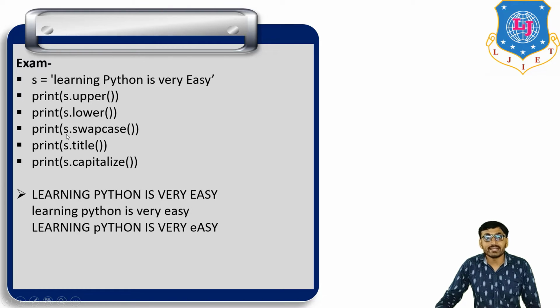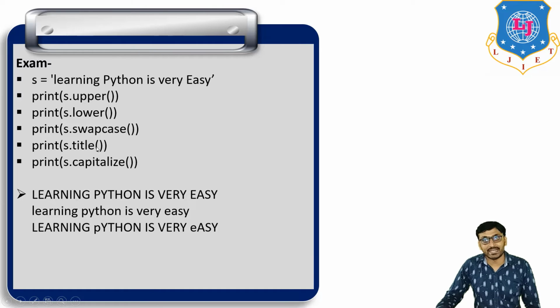Then third, S dot swapcase. All uppercase characters are converted into lowercase and lowercase characters are converted into uppercase. So in the string, this P is an uppercase character, E is an uppercase character, and all the remaining are lowercase. So convert this P and E into lowercase and all remaining into uppercase. That is swapcase.